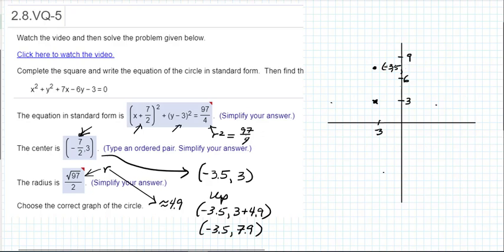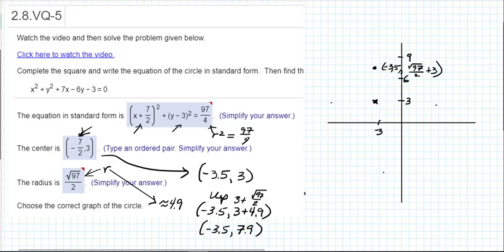But normally, the way we label the coordinate of that point is not as 3 plus 4.9. We label it as 3 plus the square root of 97 over 2. So I'm going to write the exact value, the square root of 97 over 2 plus 3 here, even though I know that's really about 4.9.